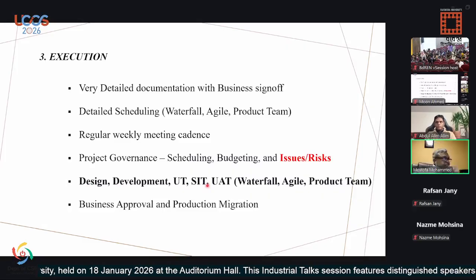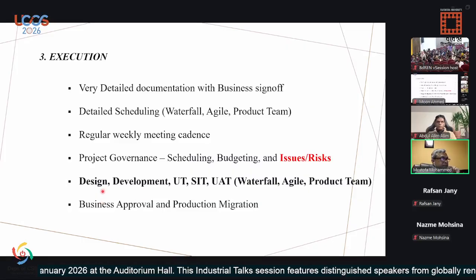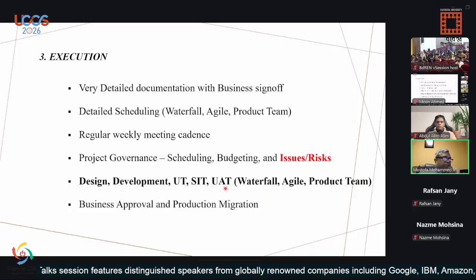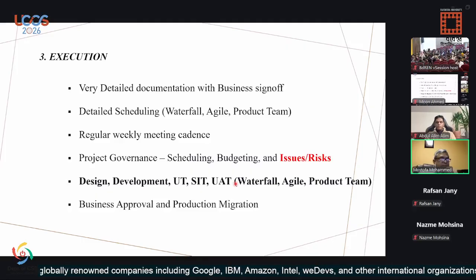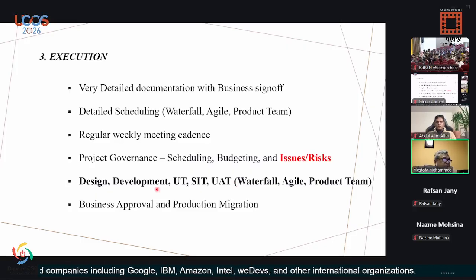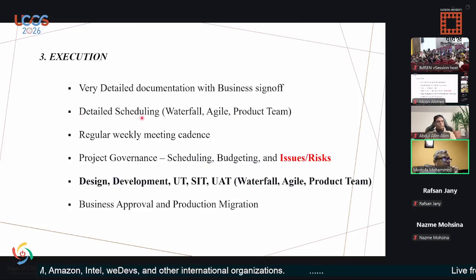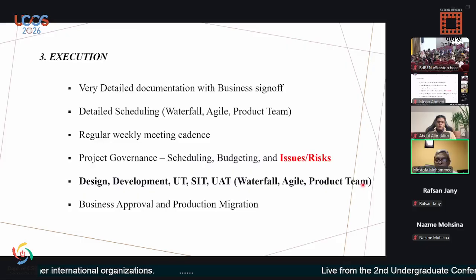The design, development, unit test, system test, user acceptance test. This is where the developers and architects come into the picture, and they work on the same methodology that we used for the scheduling to deliver the functionalities based on the business requirement.